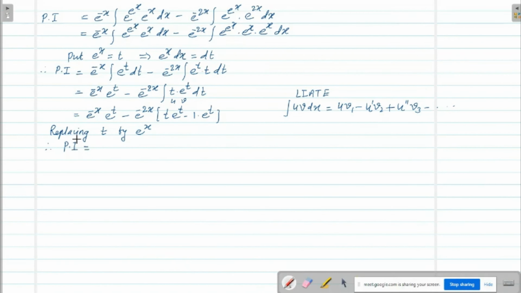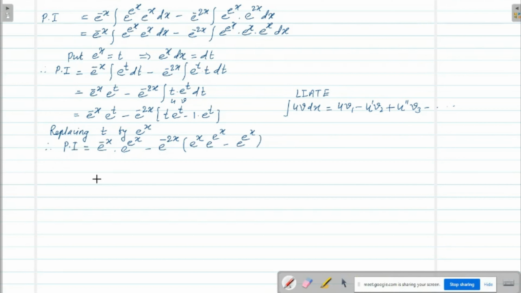Now replacing t by e raised to x, your particular integral becomes e raised to minus x into e raised to t, that is e raised to x, e raised to x minus e raised to x, minus e raised to minus 2x.